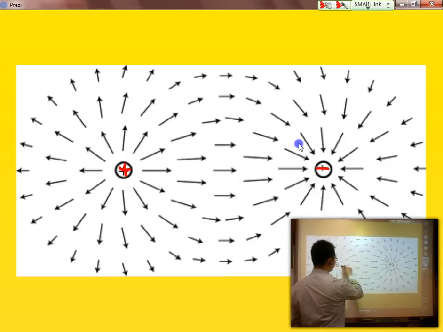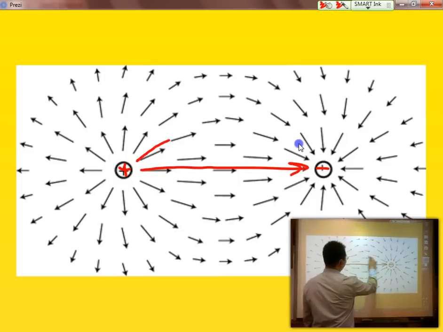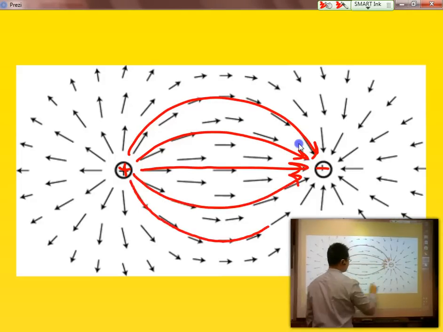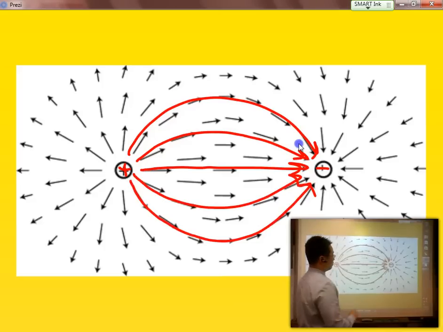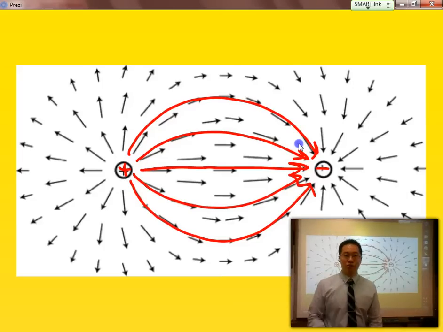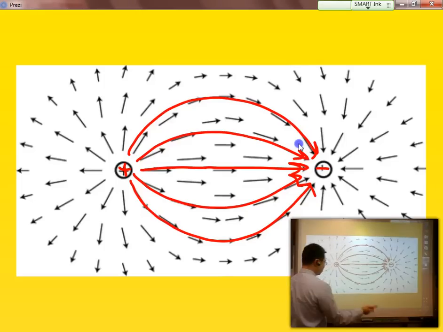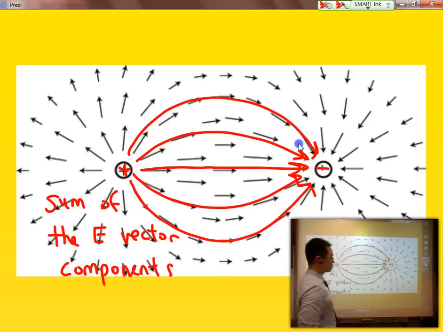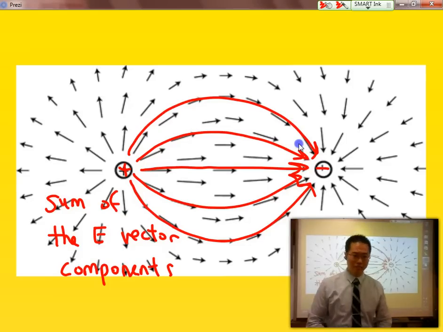And we can see, if we just trace out the arrows, they go out of positive and into negative. But I need you to understand, this diagram is really a diagram of the sum of the electric field vector components. What exactly does that mean, though?